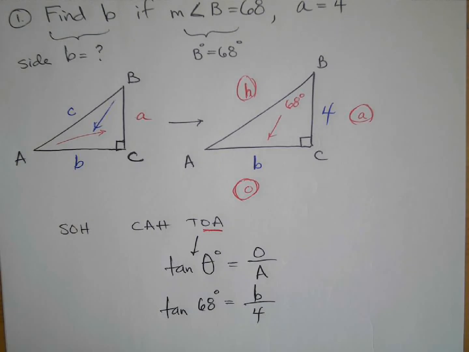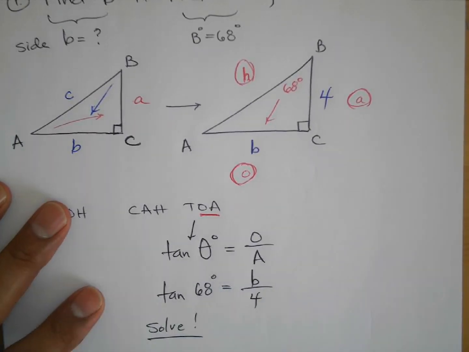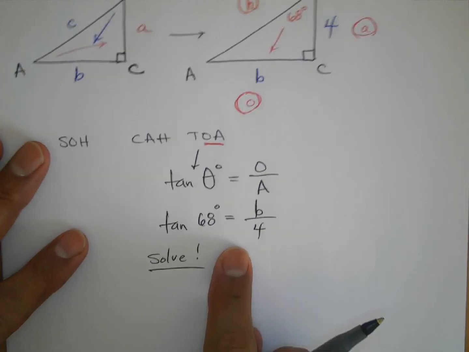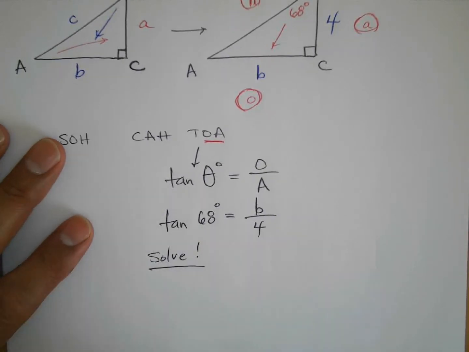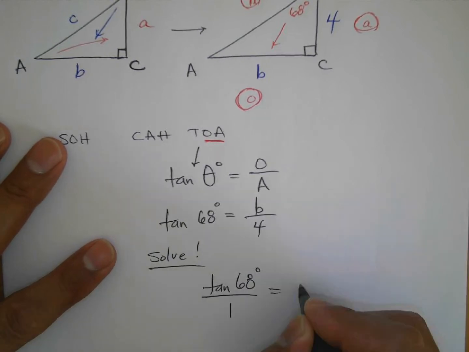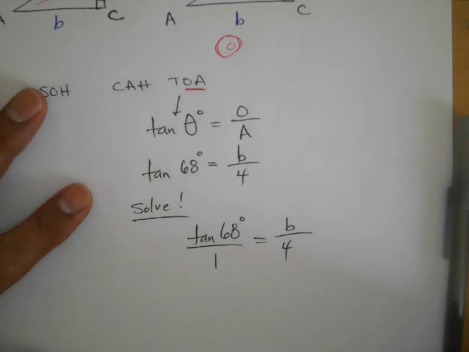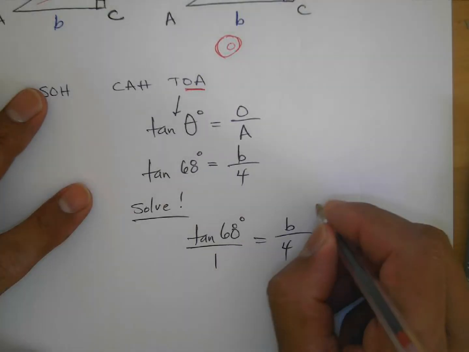All right. And then we solve. Once we set this up and we have this proportion, remember, we want to see this as a ratio, so tan 68 over 1 is equal to B over 4. We've already learned to do this. We cross multiply.